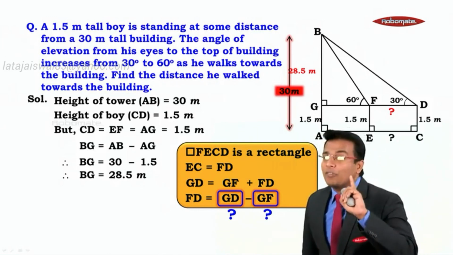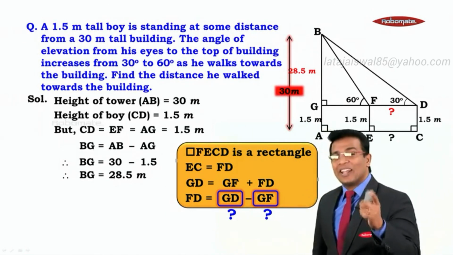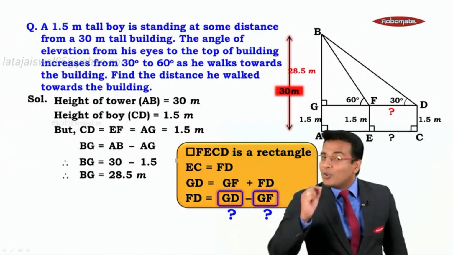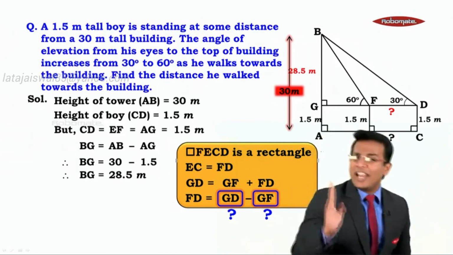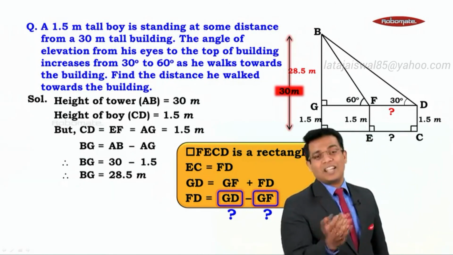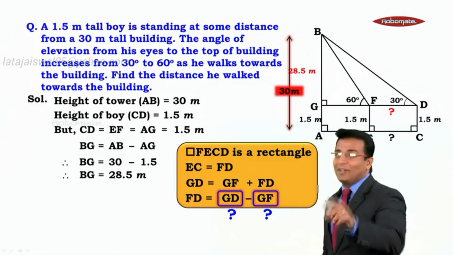GD is a part of right angle triangle BGD, so apply the trigonometric ratio there and you'll get its value. Get the value of GD, get the value of GF, and you get the value of FD. And if you get FD, you get EC and you get the sum. Isn't that easy? I want you to solve it. I'll be back with the answer.